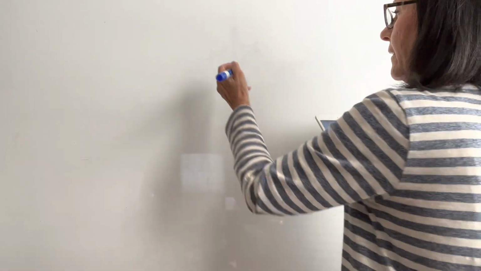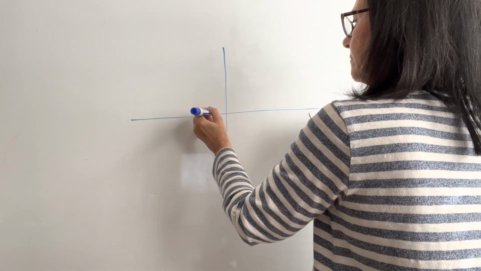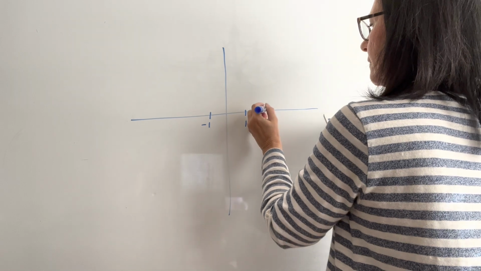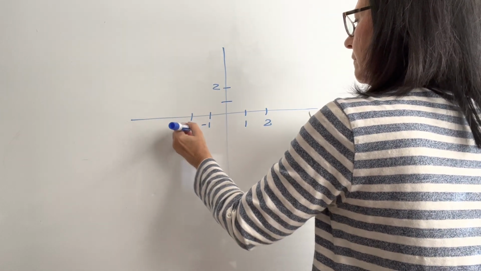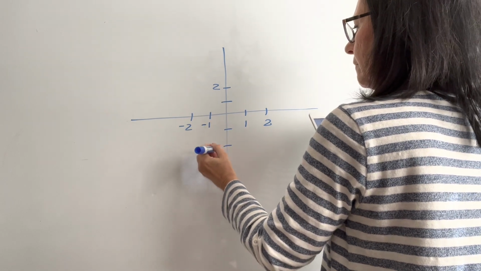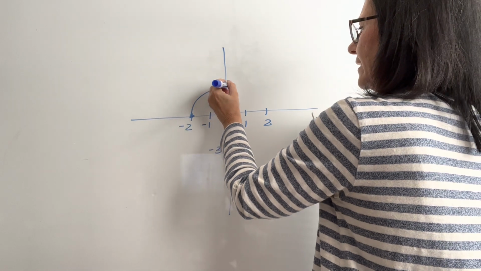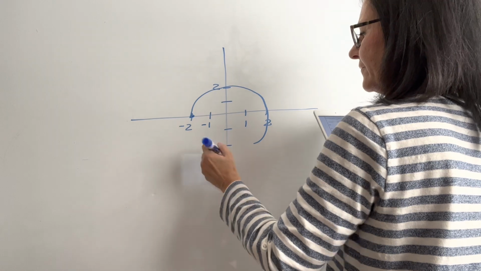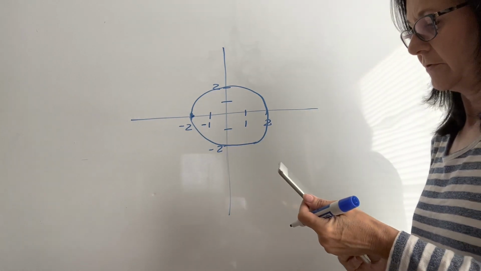It doesn't matter whether or not it's positive or negative. It's every point on that circle, not a very pretty circle.